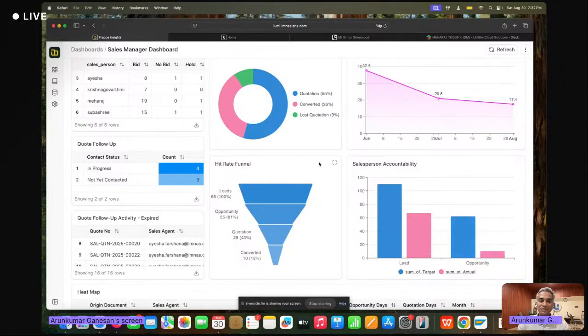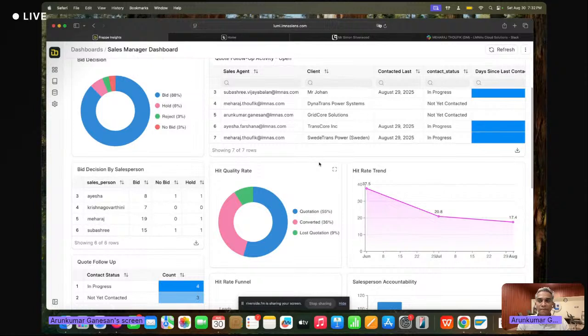From the analytics standpoint, there are two gaps. Probably the bid team is not able to communicate properly to the pre-sales team, our pre-sales team is not able to properly communicate to the sales team, and the sales team, once issuing the quotation, is not able to follow up on the quote.